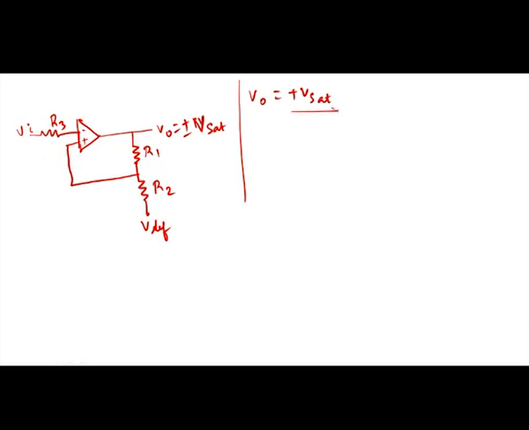If the output is plus V saturation, then we call the voltage at the positive terminal VUT, that is the upper threshold voltage. This upper threshold voltage is calculated using the superposition theorem, since we have two voltages: the output of the operational amplifier, and one end of the resistor R2 has V reference.